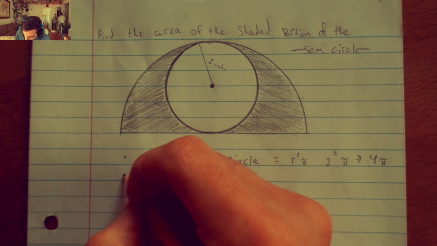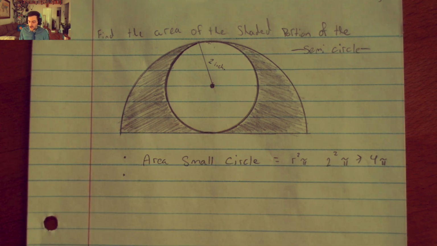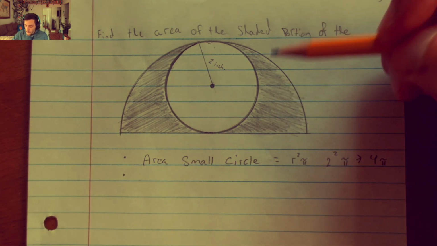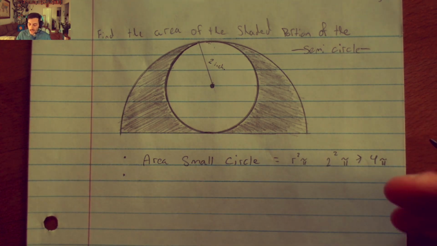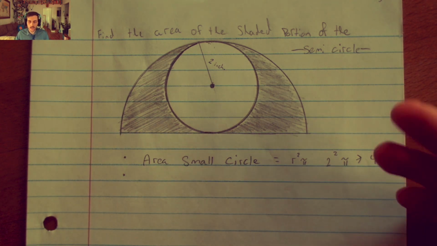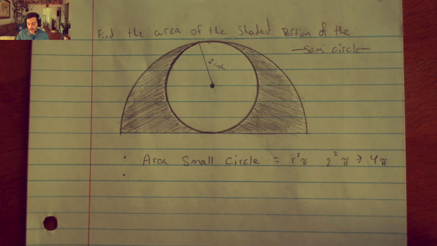Next, we want to find the shaded area, the value of the semicircle. In terms of an equation for this, what we're going to do is essentially find the value of the entire circle, and then we're going to apply our sectors concept and basically look at it as half of that whole value.